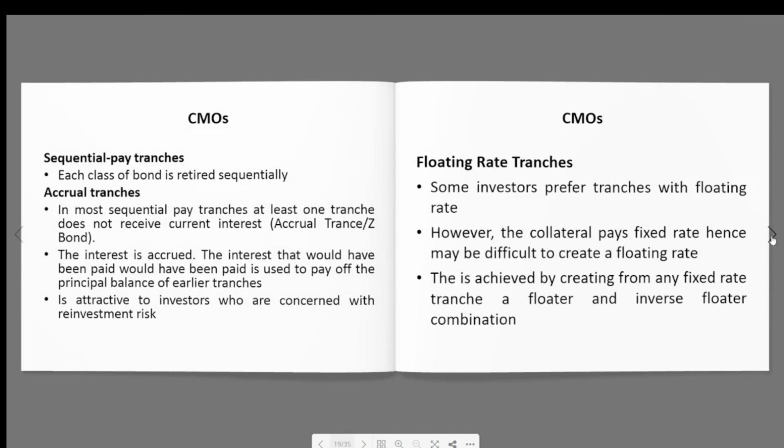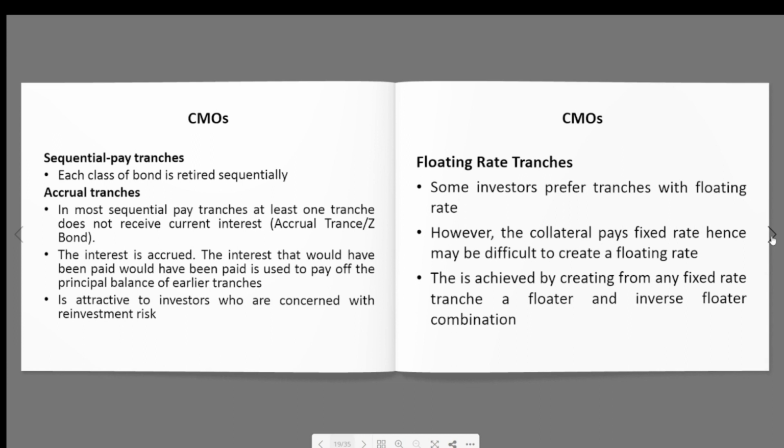Now let's look at sequential pay tranches. Each class of bond is retired sequentially. For accrual tranches, in most sequential pay tranches, at least one tranche does not receive current interest. The interest is accrued.